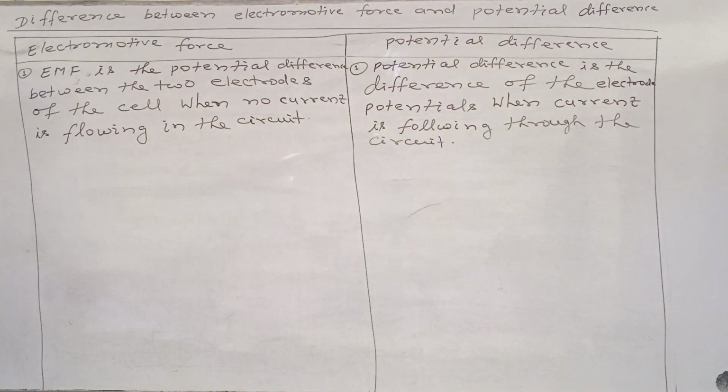We write: potential difference is the difference of the electrode potentials when current is flowing through the circuit.